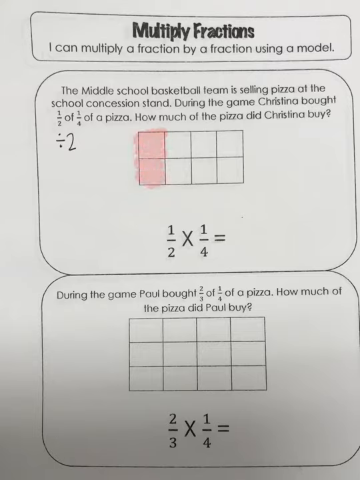So right there, I've shaded in the fourth of the pizza that is available to Christina to buy. How much of that fourth of the pizza does she purchase? She purchases half of the fourth.